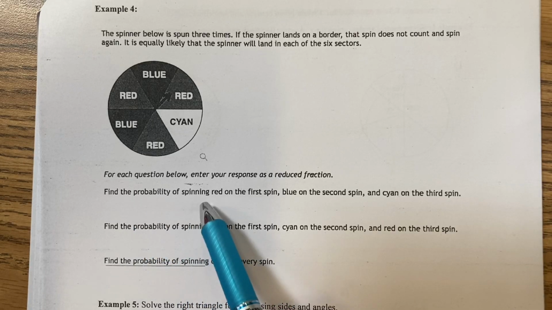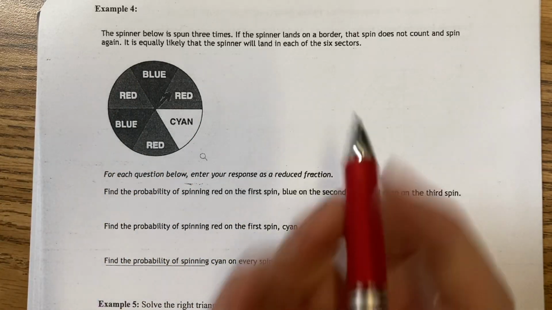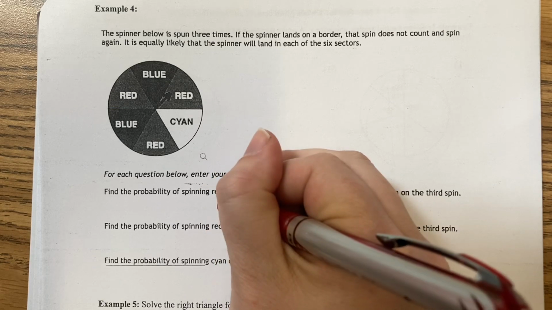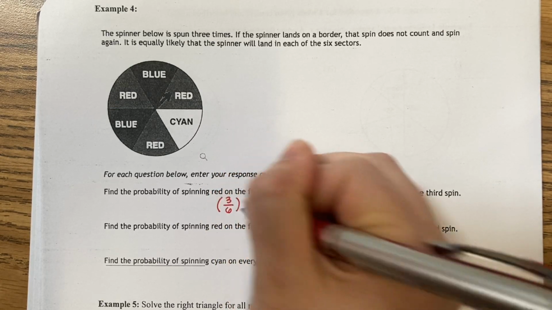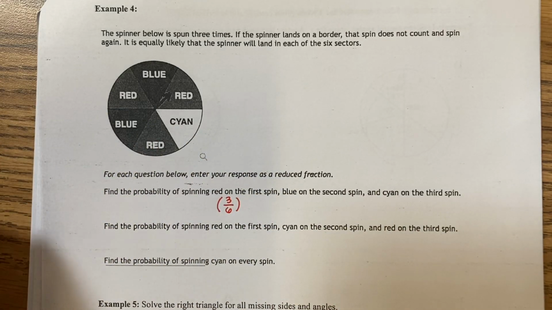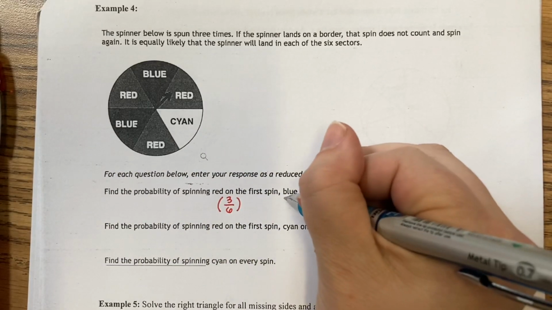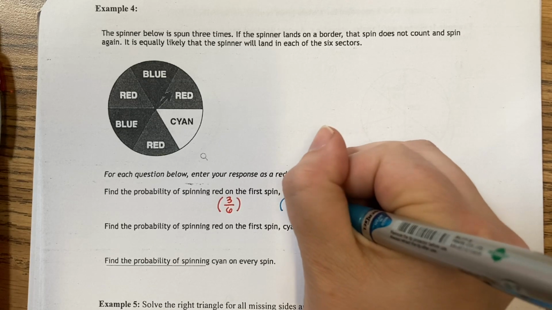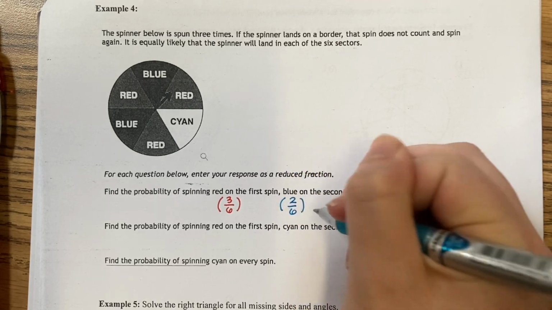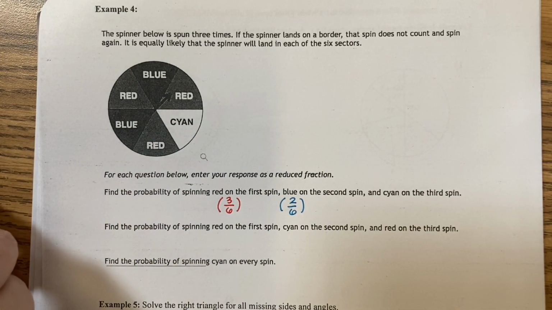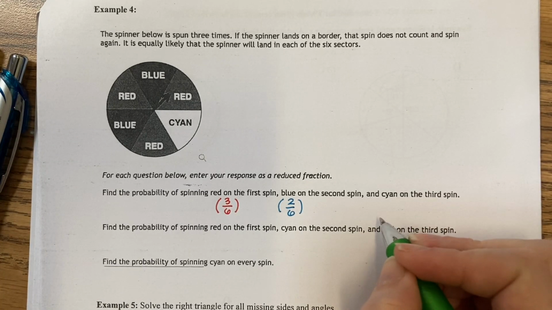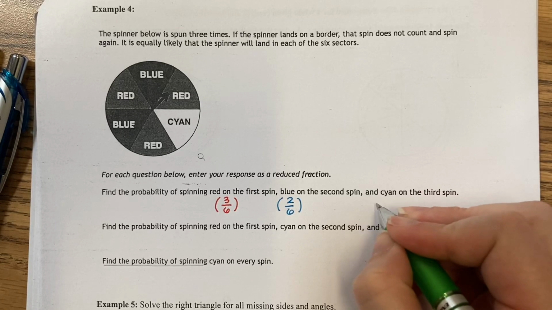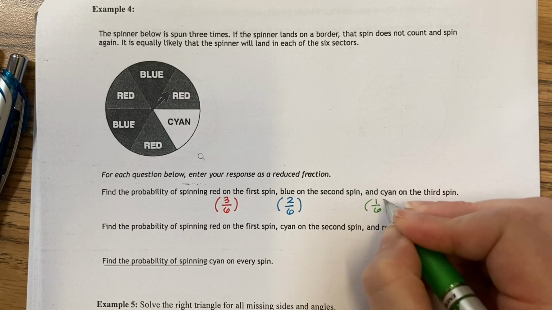Find the probability of spinning a red on the first spin. 3 out of 6. Probability of spinning blue is 2 out of 6. And probability of spinning cyan, however you want to say it, would be 1 out of 6.